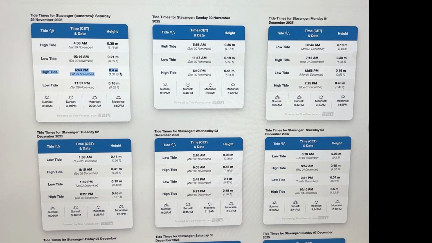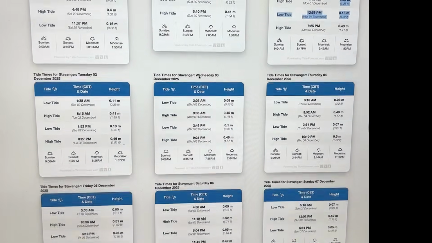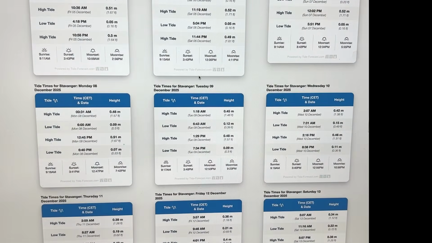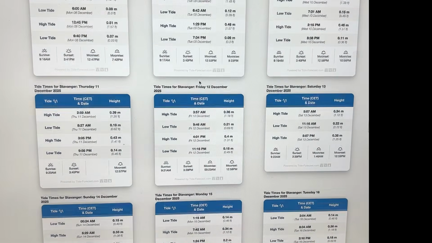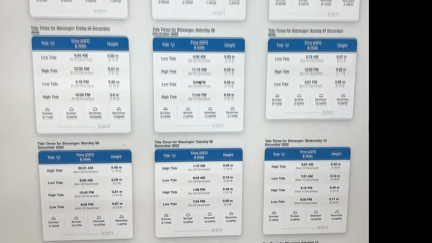So that's a 20 centimeter, 19 centimeter difference between high and low. Almost the same each day. For the whole month, in fact, it's about 20 centimeters, give or take, which is not big tides, but the tides do make a difference.